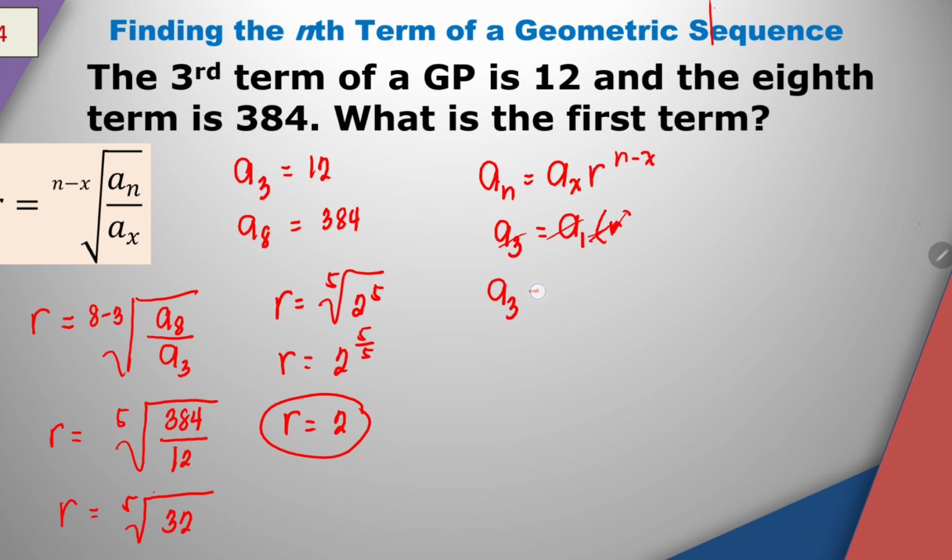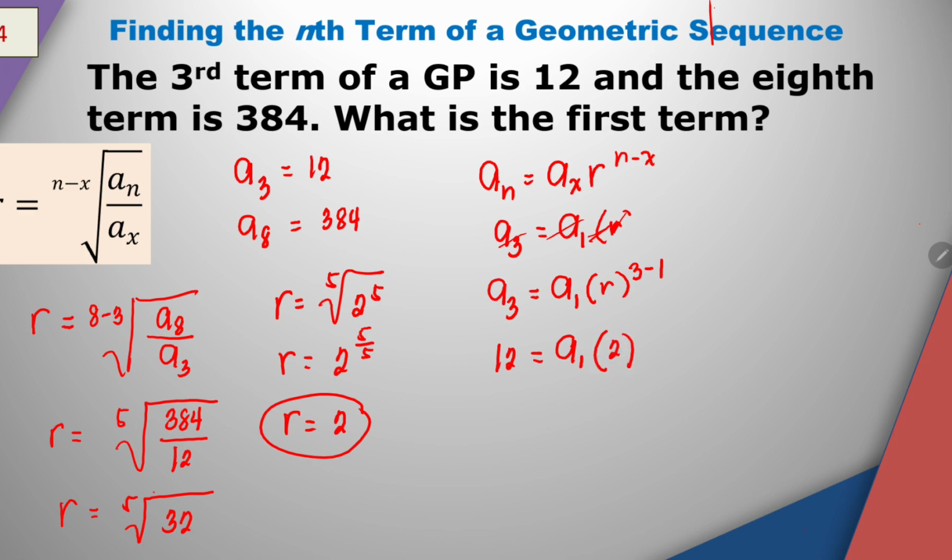A sub 3 is equivalent to a sub 1 multiplied by the r, which is raised to 3 minus 1. So that we can now say a sub 3, which is given to be 12, and a sub 1 is what we're looking for. And then we have the common ratio, which we have solved to be 2.